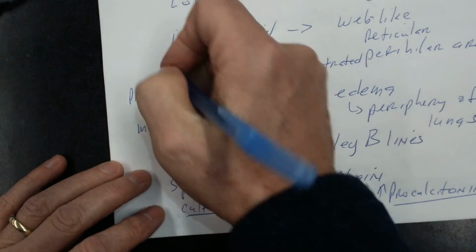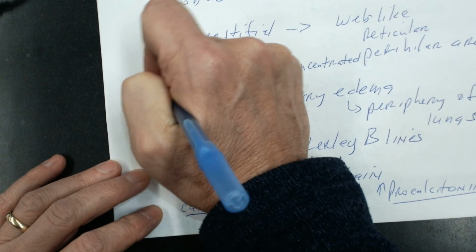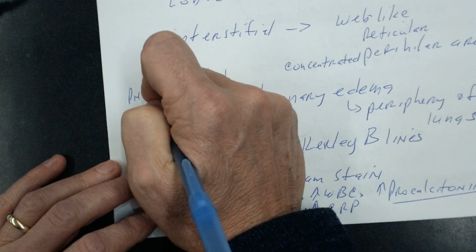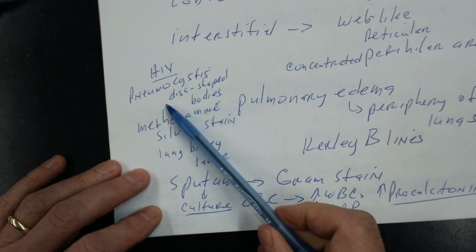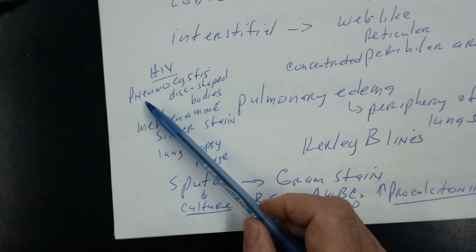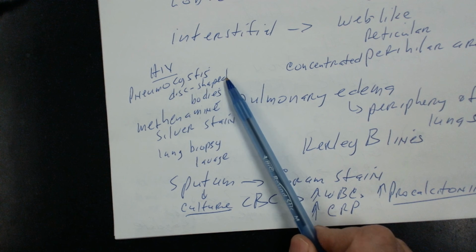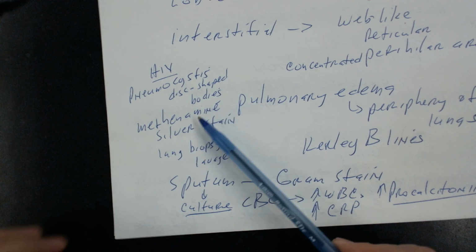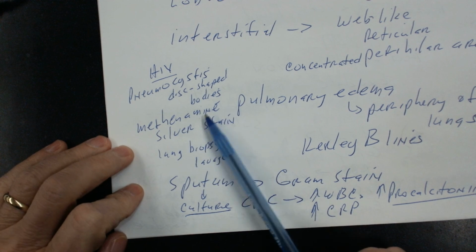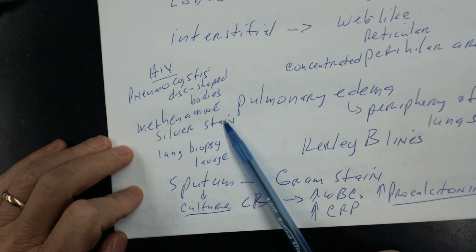If your patient has HIV or if they're immunosuppressed, if they have pneumocystis pneumonia, you'll see disc-shaped bodies, and you have to stain the tissue with methenamine silver stain.